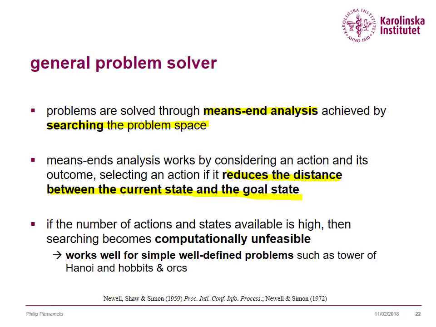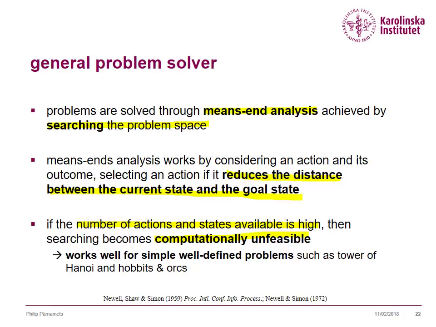However, if the number of actions and the number of intervening states is high, then this becomes very quickly computationally unfeasible, especially so in the 1970s when these theories were first proposed. But even today with super fast computers, brute force searching a problem space is usually a highly inefficient way of solving a problem, even if it's not always as unfeasible as it was in the 1970s.